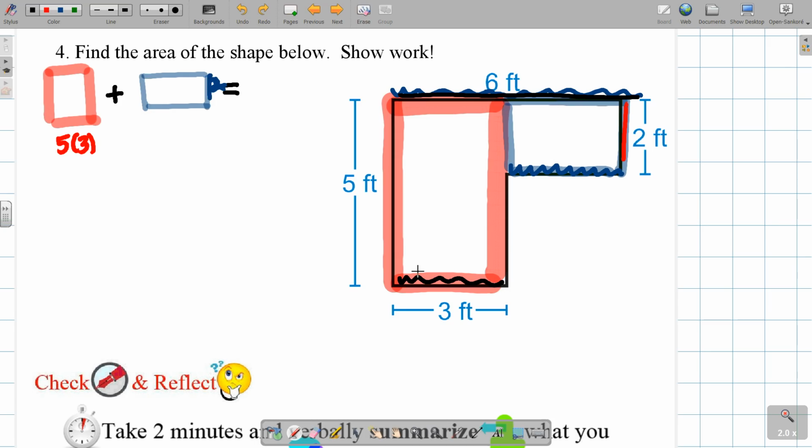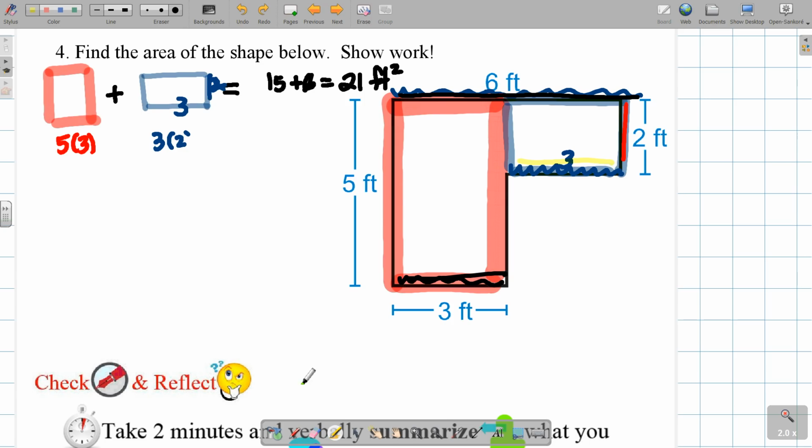Trace it. 6, 3. That means that was 3. So 3 times 2, you end up with 15 plus 6, 21 feet squared. Several of you did not get that 3 there.